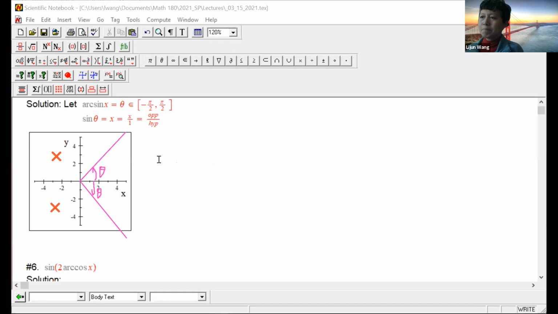And then what? It tells us that sine theta equals x. What does that mean? If it's in this quadrant, that's the opposite, that's the adjacent side.